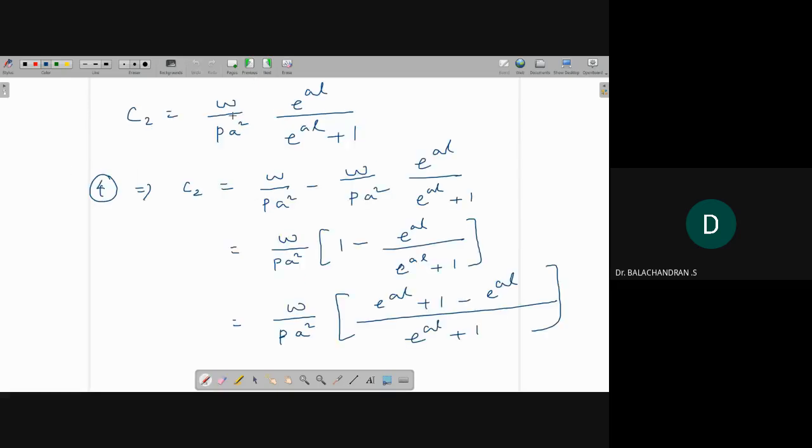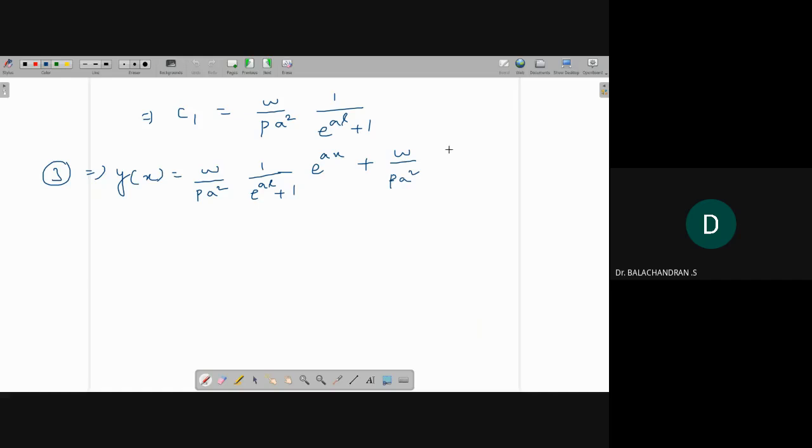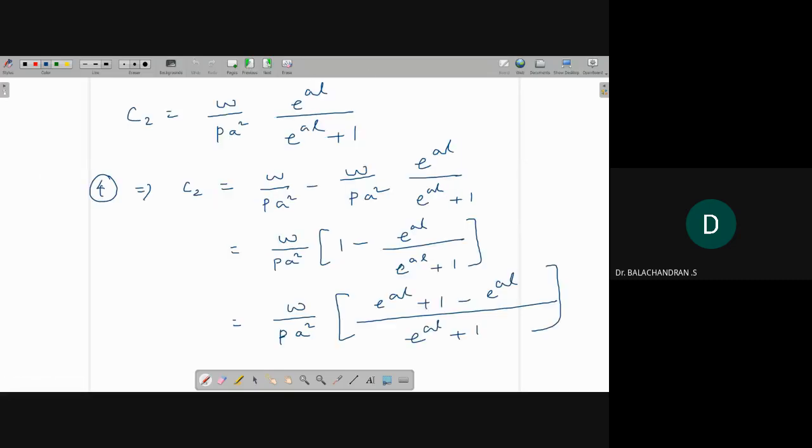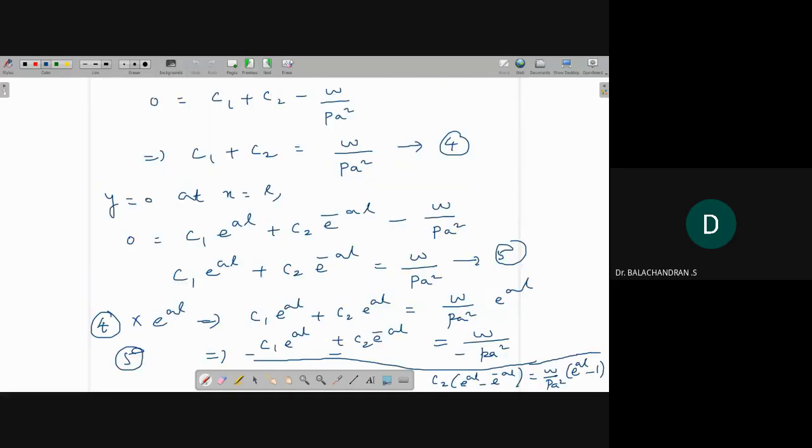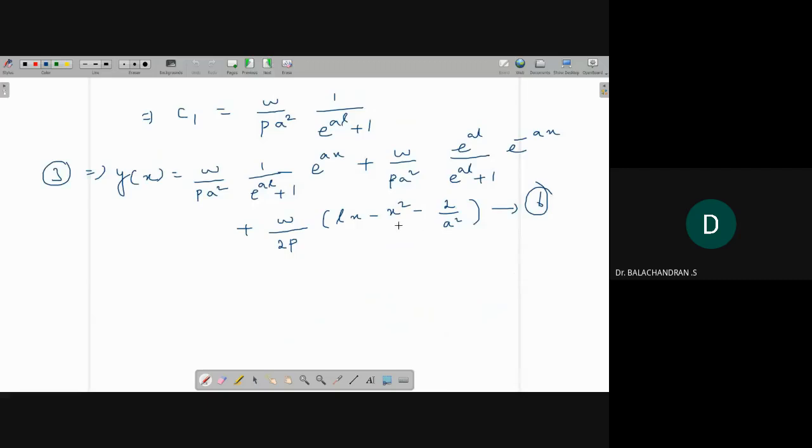C2 is omega by P square e power AL by e power AL plus 1 into e power minus AX. I think now it is correct. Plus omega by 2P into Lx minus x square minus 2 by a square. So I call this equation 6. Okay, so up to this is okay.